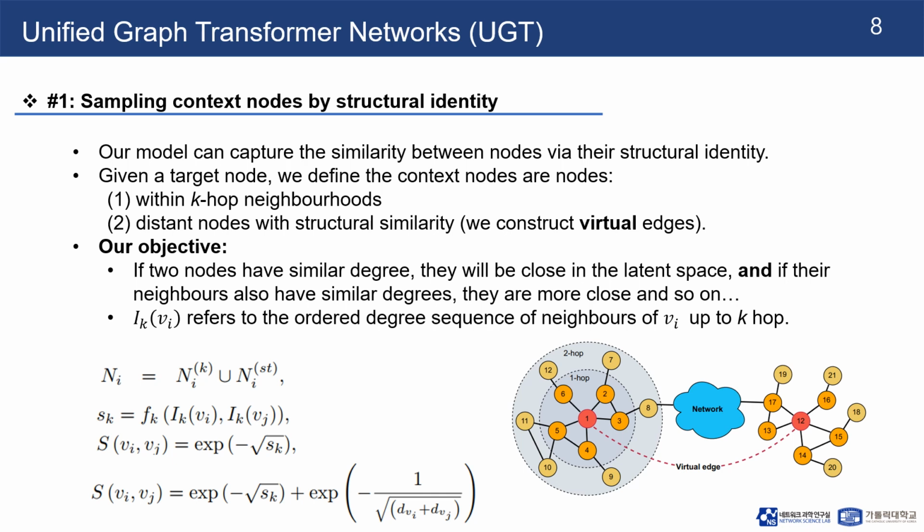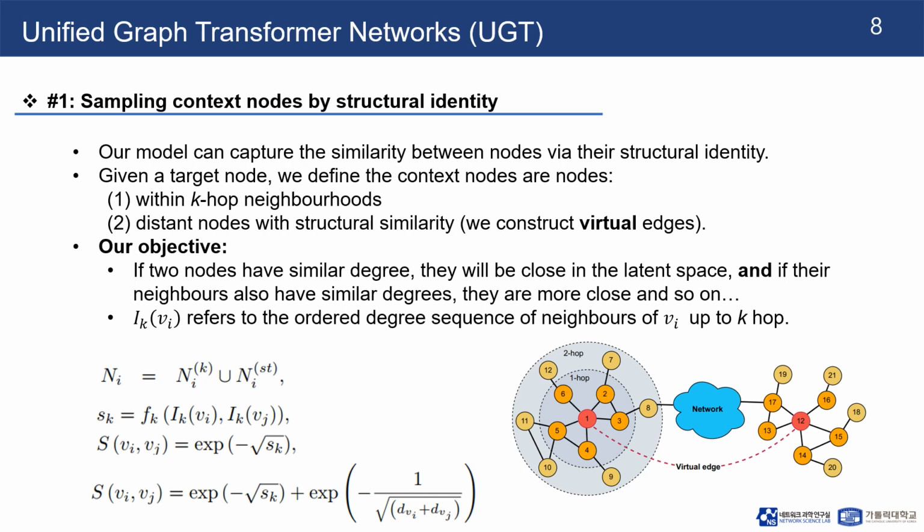First, we propose sampling context nodes by structural identities. Our model can capture the similarities between nodes through their structural identities. Given a target node, we define the context nodes that are within K-hop neighborhoods, and also we sample distant nodes with structural similarities.